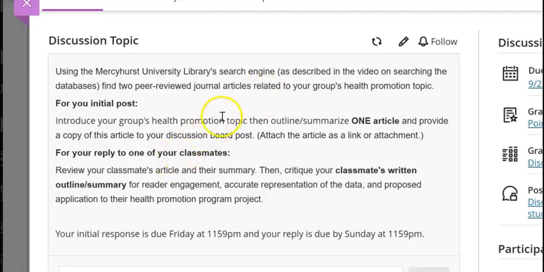So for your initial post, quickly introduce what your health promotion topic is again, then outline or just summarize one article, one of the two, and provide a copy of this article to your post. Attach it as a link, or if you've downloaded a PDF article, just attach it to your post.